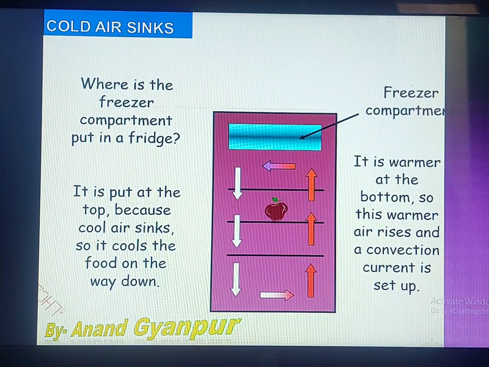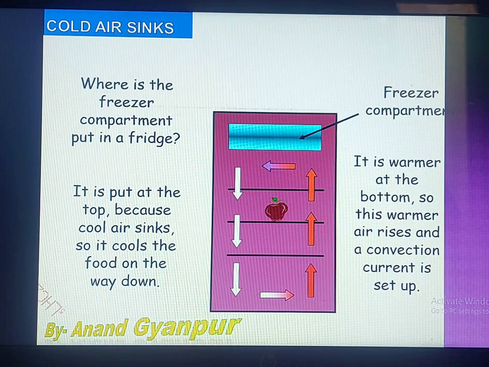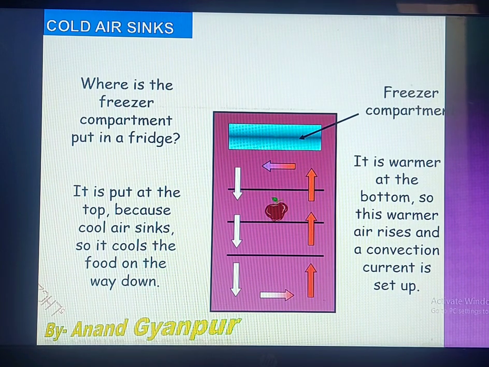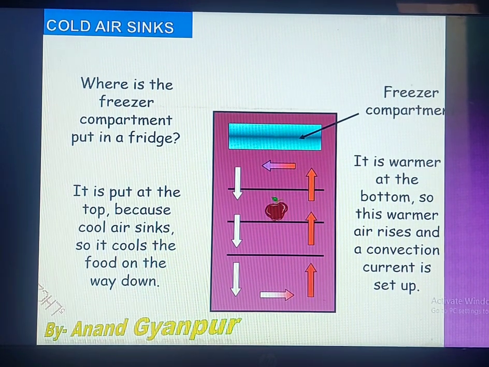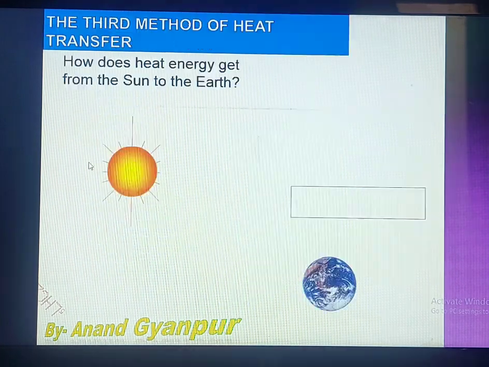When the hot air comes to the top, the freezer compartment cools it, so it goes down, and again the hot air comes up and then goes down. By this circular phenomenon the food is cooled. This is the basic principle of the refrigeration cycle.